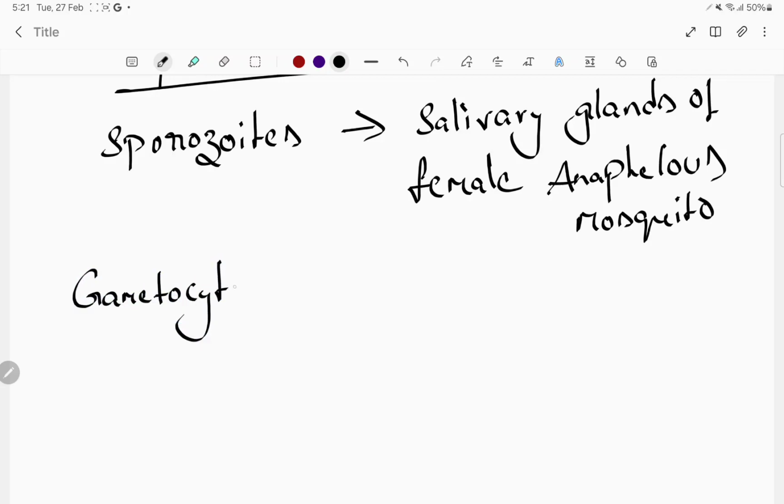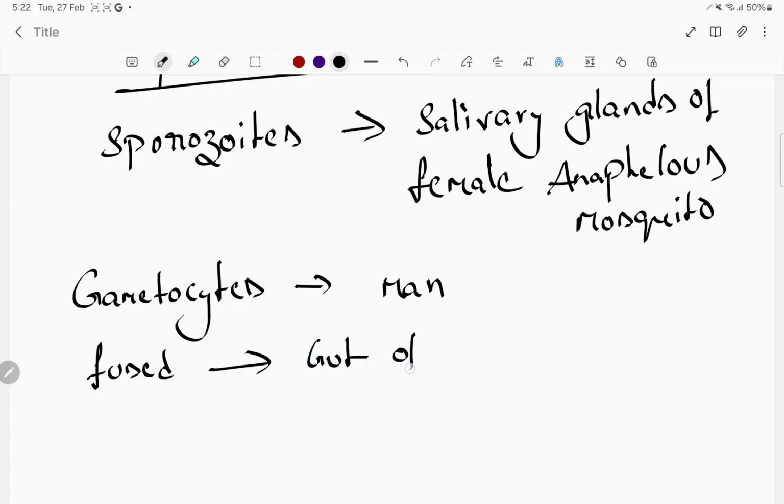Gametocytes are formed in man. These gametocytes are fused in the gut of the mosquito.